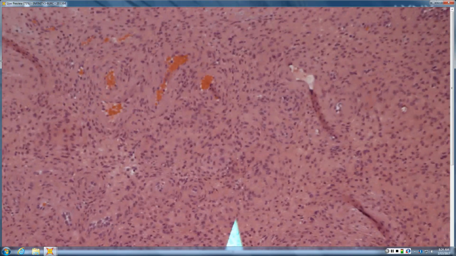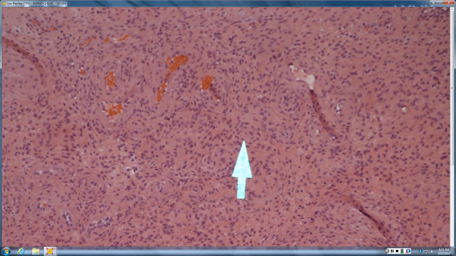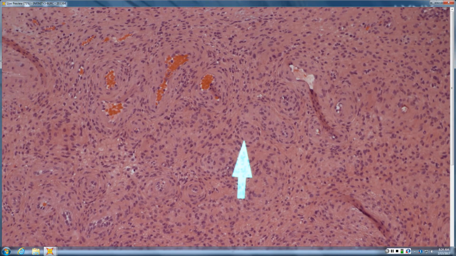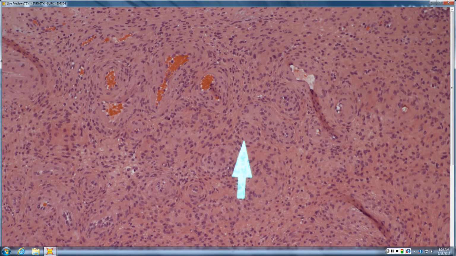So what you have is little circular vessels, and then around them a rosette formation of round cells around the circular vessels. So, anyone want to jump in? Myopericytoma. The article I sent you puts it on the spectrum with myofibromas, but they look different.